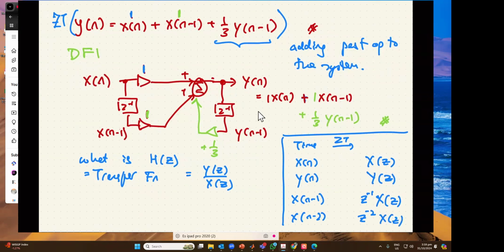So with that, we can now do the top equation.